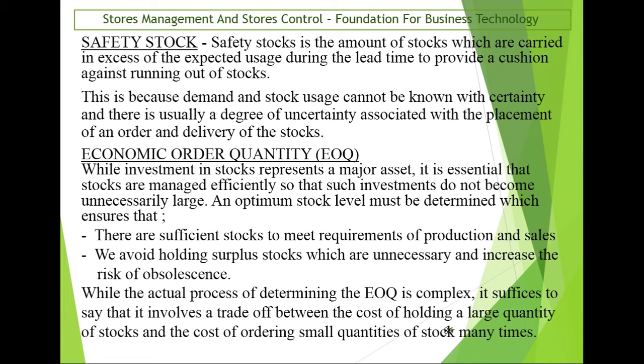You might have come across the term safety stock. This is the amount of stock that we carry in excess or over and above our expected usage during the lead time to provide a cushion against running out of stock. In other words, when we order materials from our suppliers, we expect those goods will arrive on time.